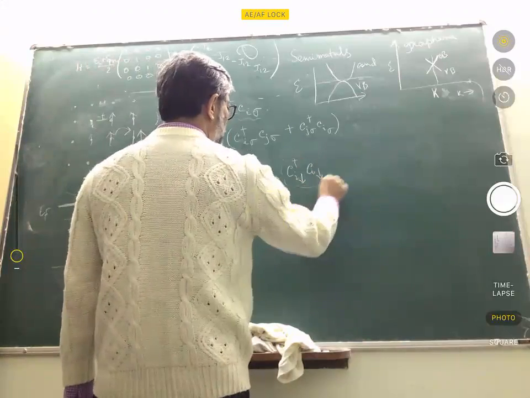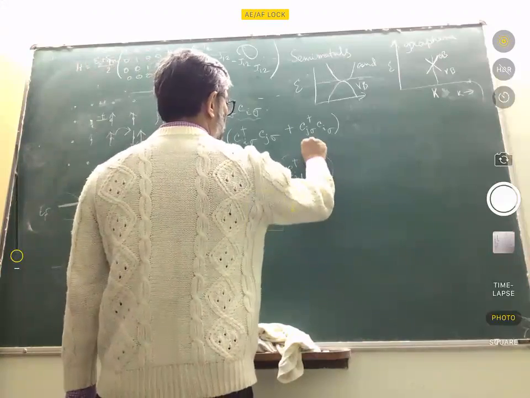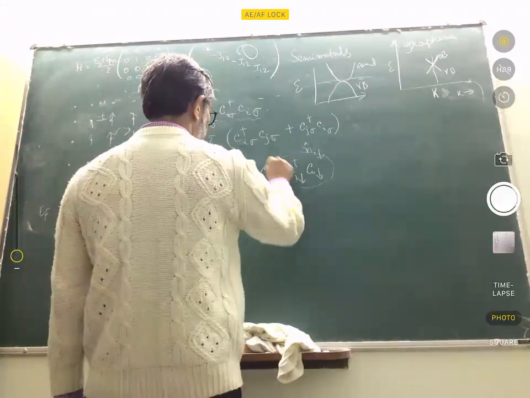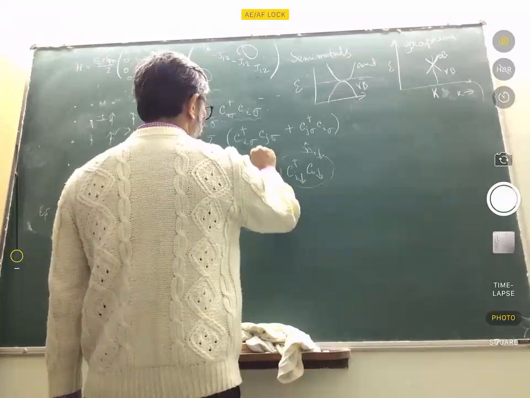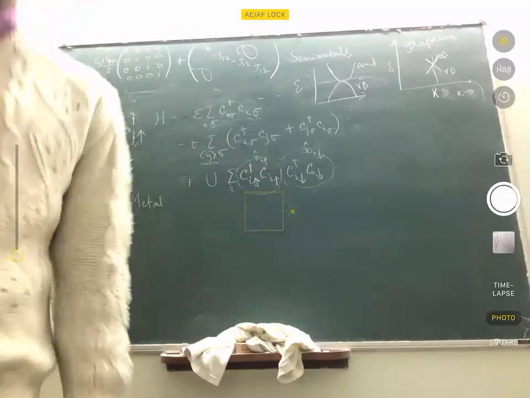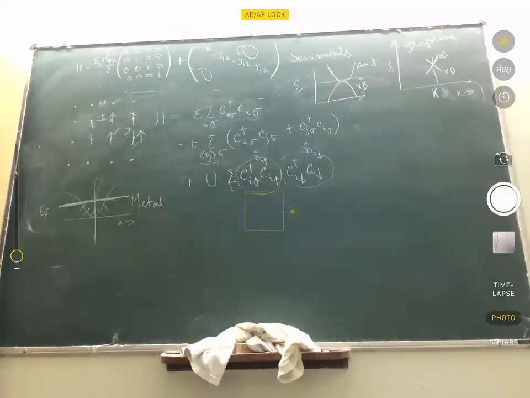You notice this is just the number operator for spin down, and this is the number operator for spin up on the site R. So that will take care of this on-site electron-electron interaction.